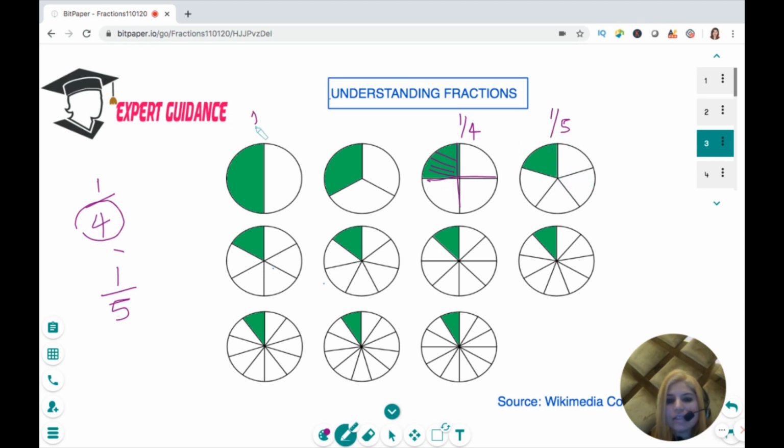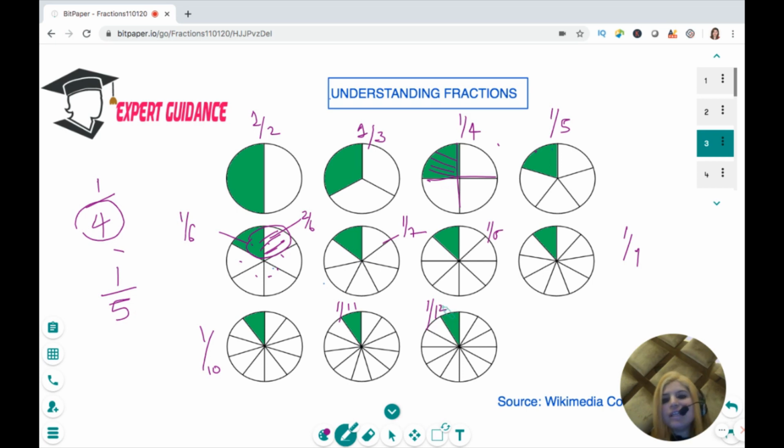So this becomes a half, a third, a quarter, a fifth. These are 6 equal parts and one is shaded, so this becomes 1/6. If 2 are shaded, then this will become 2/6. Similarly, this is 1/7, 1/8, 1/9, 1/10, 1/11, and 1/12.